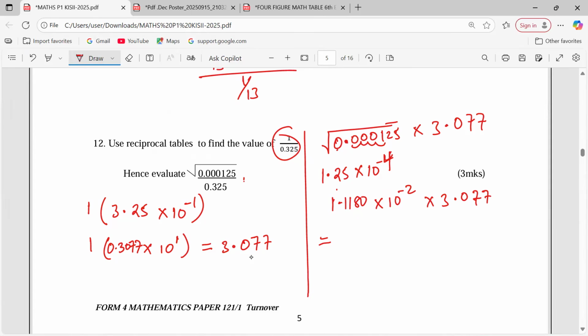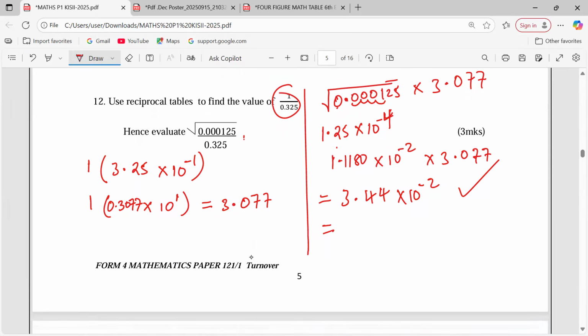So 3.44 times 10 to the power of negative 2. This is already right. An expression is okay in its standard form. Then now we can talk about 0.0344.